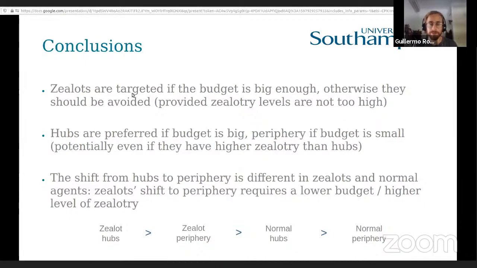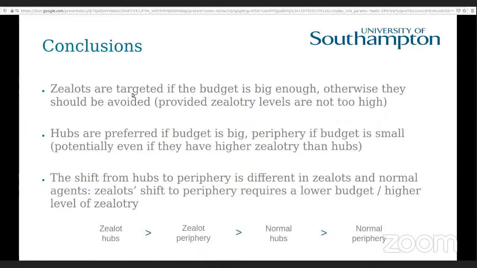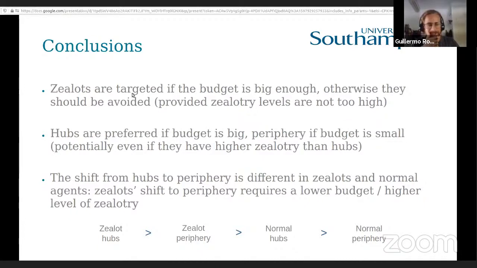I would expect to see similar behavior, but probably shifted, in the sense that you may need more budget, or lower levels of zealotry, for the transition. This is what I would expect, but as I said, we haven't carried it out. We haven't looked into it in detail in any case.